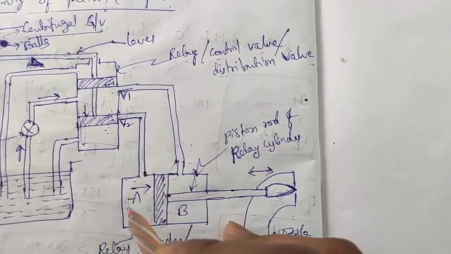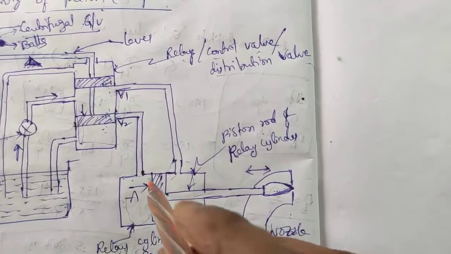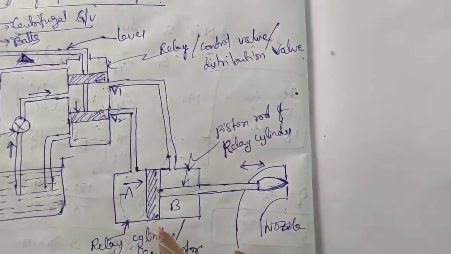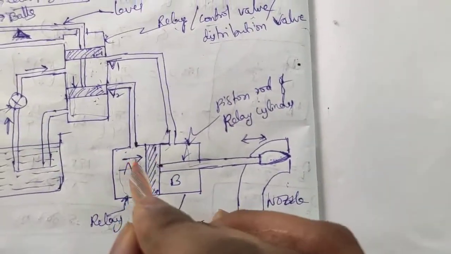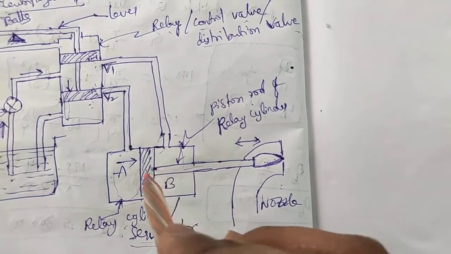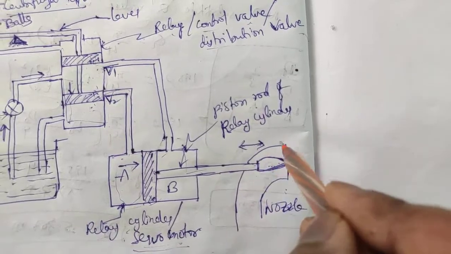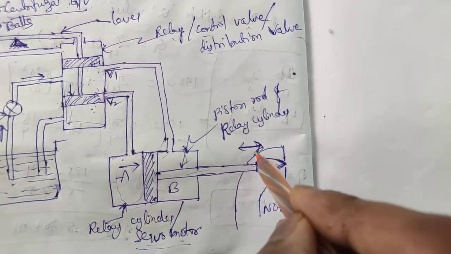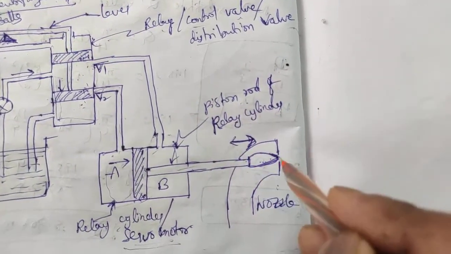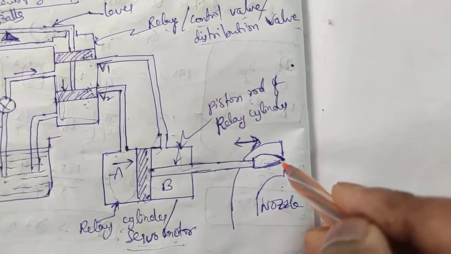So this high pressure oil pushes the piston in the servo motor rightward. This sphere is connected to the piston, so the sphere moves rightward, so that the rate of flow is decreased.